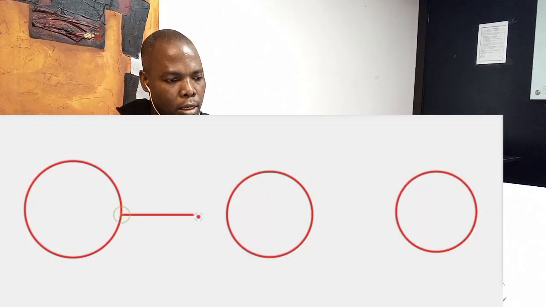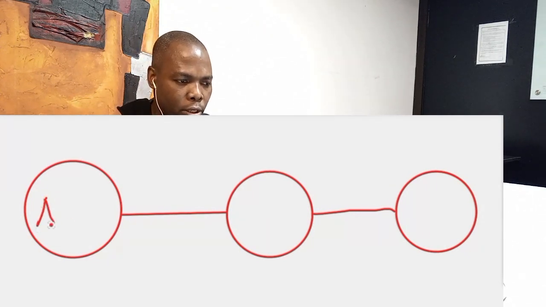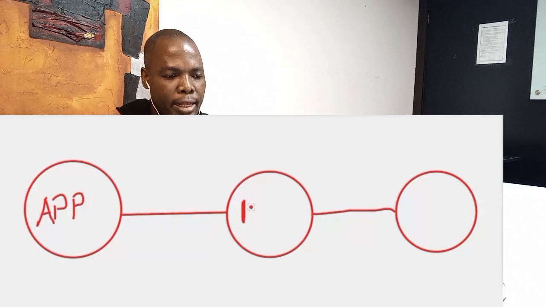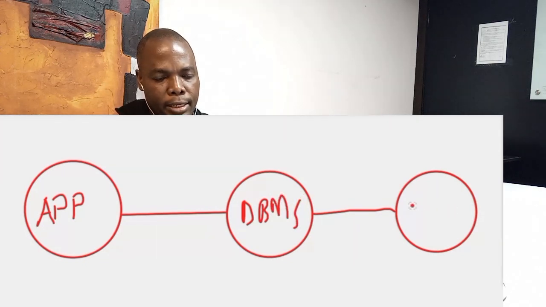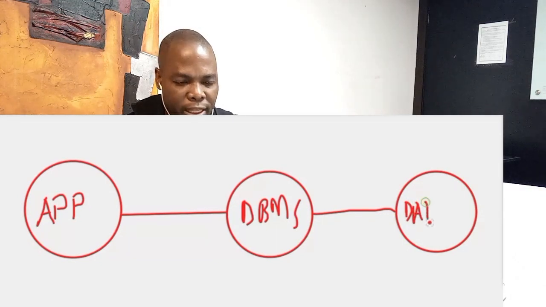This is an application, and then I have the DBMS, and then I have the database. So this is what we have: an application, a database management system, and then the database.